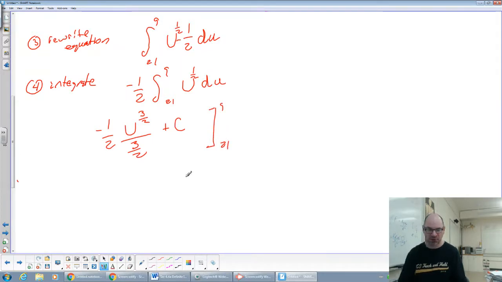Let's do a little bit of simplification. We can take the negative 1/2 and the 3 over 2 and work those out.